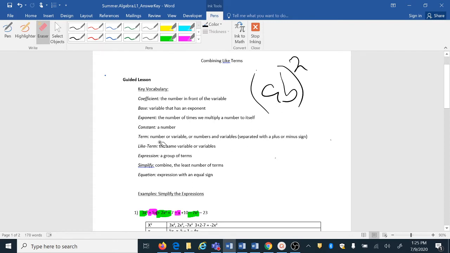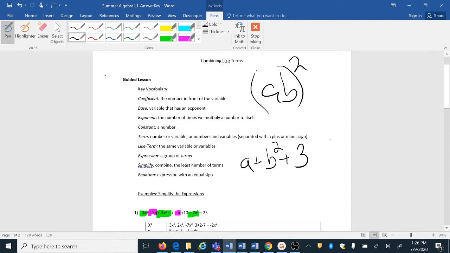Now, a term is a number or variable, or numbers or variables. So, for example, this could be a term. This could be two terms. Even though this is squared, it's two terms, right? This is three terms. A number, which is called a constant, by itself is also a term.